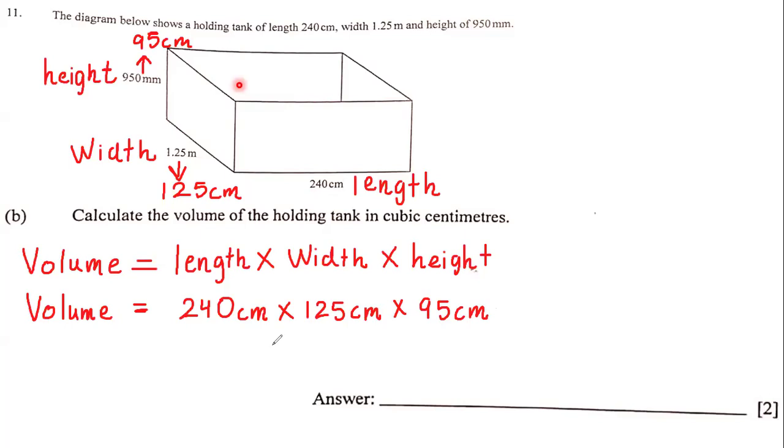And so let's go to the volume, therefore. There's a lot of numbers to multiply, golly. So the volume is going to be equal to, what is 240 multiplied by 125? All right. What is 240 multiplied by 125?